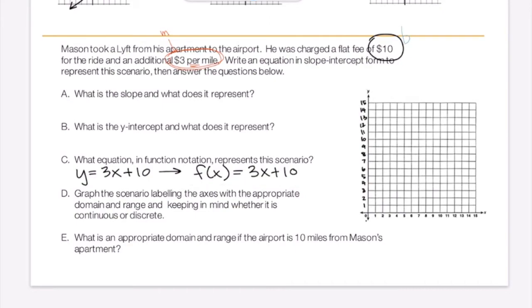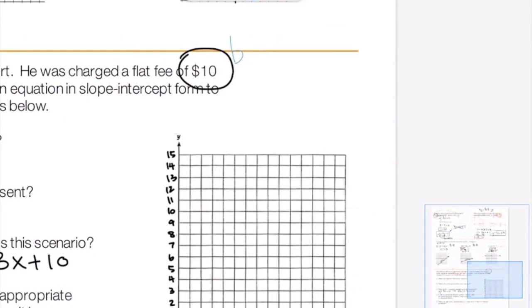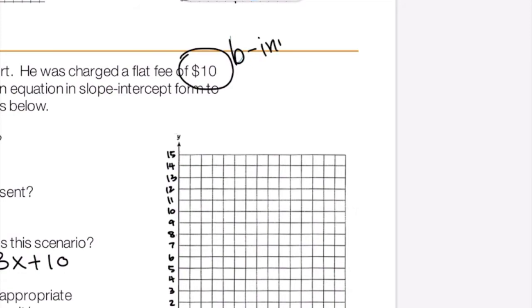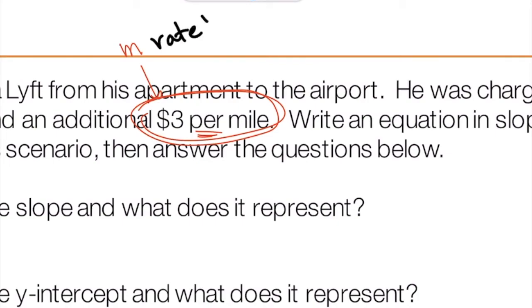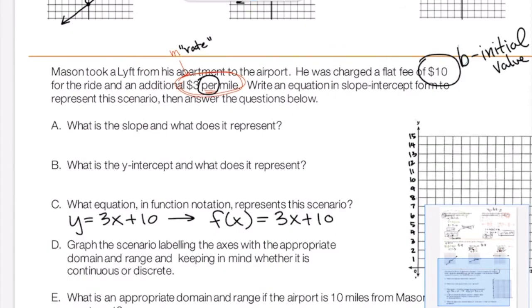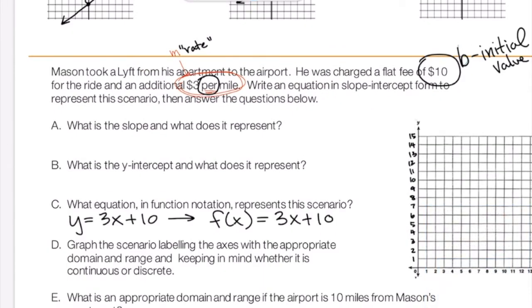But you can also remember that the b value is always the initial value, and the m value is always some sort of rate. So again, look for the word per. If you can identify the m and the b, it sometimes saves you a lot of time making a table and identifying a pattern.